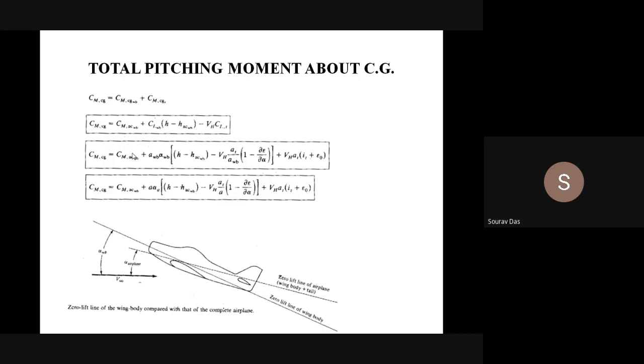And what is the next requirement? The second necessary condition? Sir, the CM-CG slope, del CM-CG by del alpha, must be negative. Yes. What is the value of del CM-CG by del alpha from this equation?